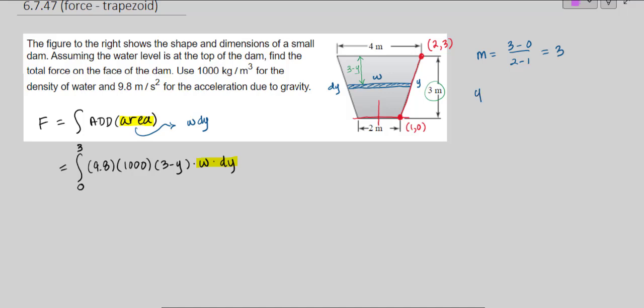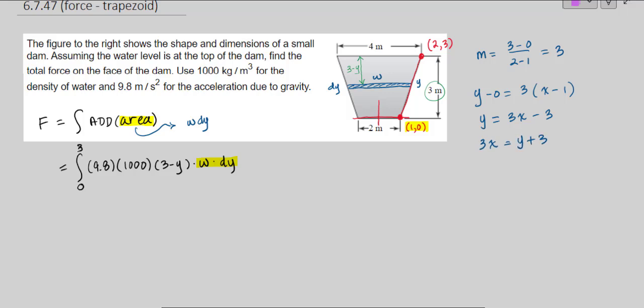We can then use the point slope formula, which I will use with this reference point. So y minus 0 equals the slope times x minus 1. So y will equal 3x minus 3. Now that is presented to us as a y value, so it's measuring heights. That's not what we want. We want to measure horizontal here.